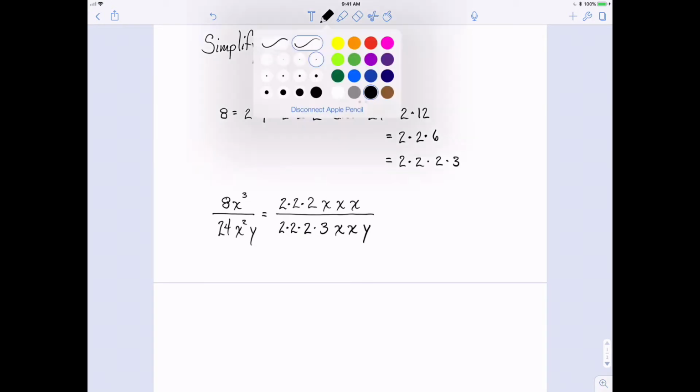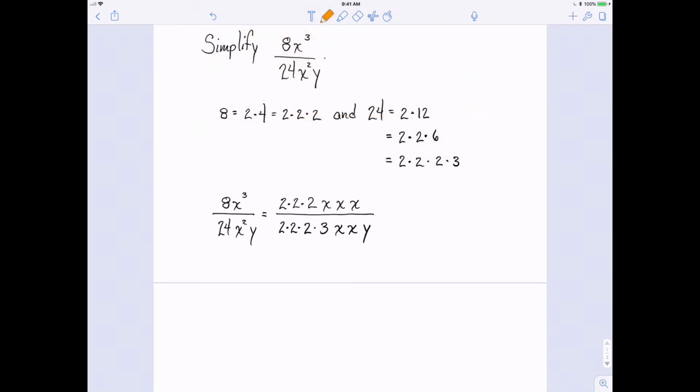Now notice that here's a 2 and here's a 2, so we can cancel those. And here's another 2, so I'll use a different color so we can keep track of all of our 2's. Here's another 2 that cancels with another 2.